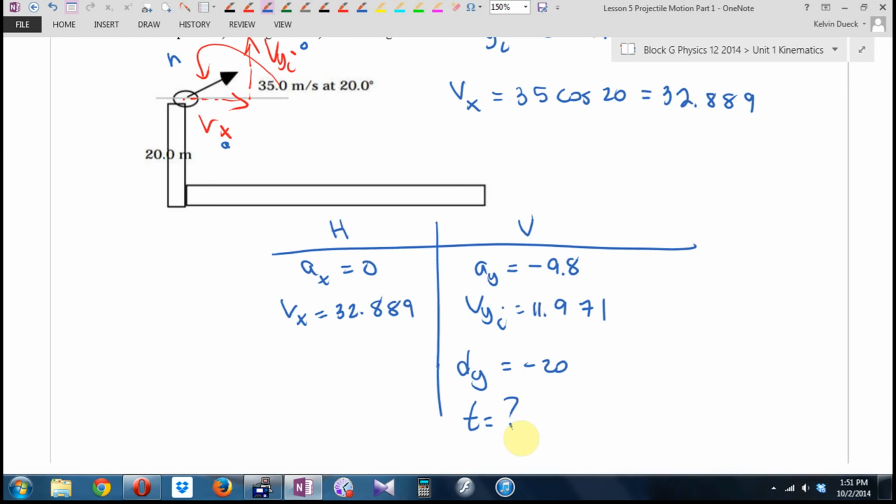Or we can find vy final using vf squared equals vi squared plus 2ad. And once we know vy final, we can find time using vf equals vi plus at. Who wants to use the quadratic method? Just Mark? No, a few more? Okay. Who wants to use the find vy final method? It's about a tie.